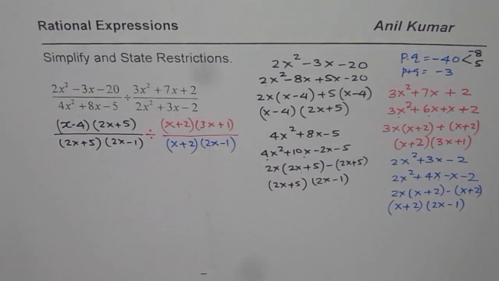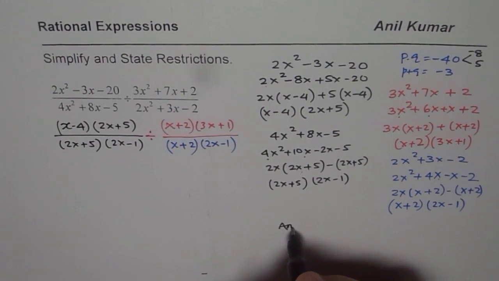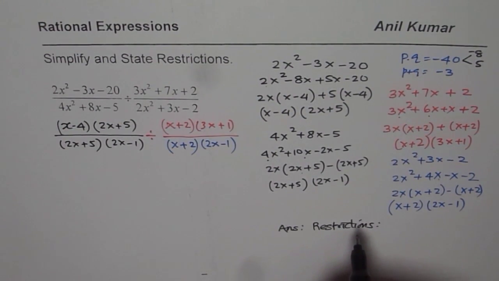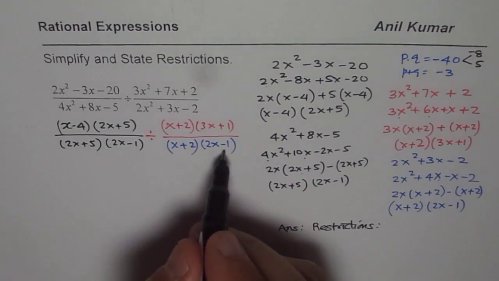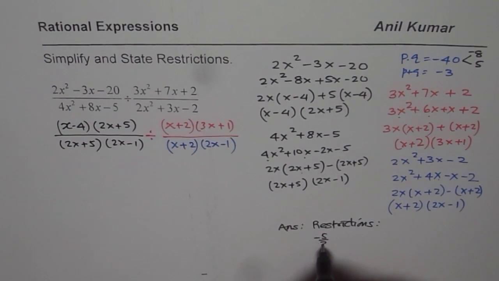Once you get all the factors, at this stage you should write down the restrictions before cancelling. That is very important, right? So let me write down the restrictions at this stage. So what are the restrictions? All the values in the denominator cannot be 0. So the first one is minus 5 over 2, that will give us 0.